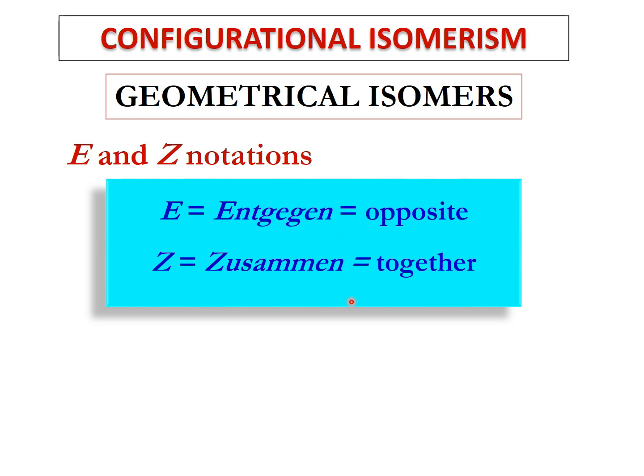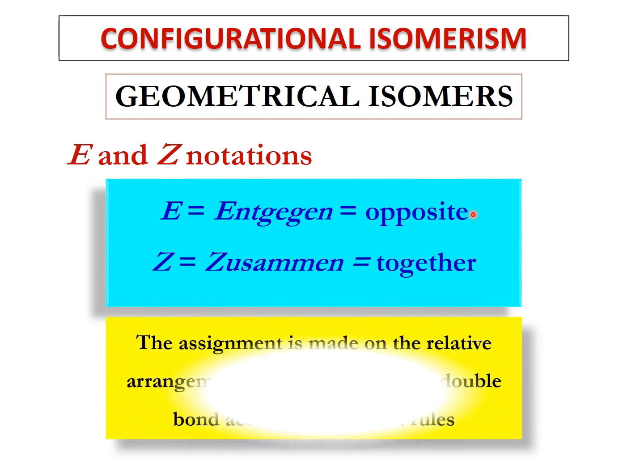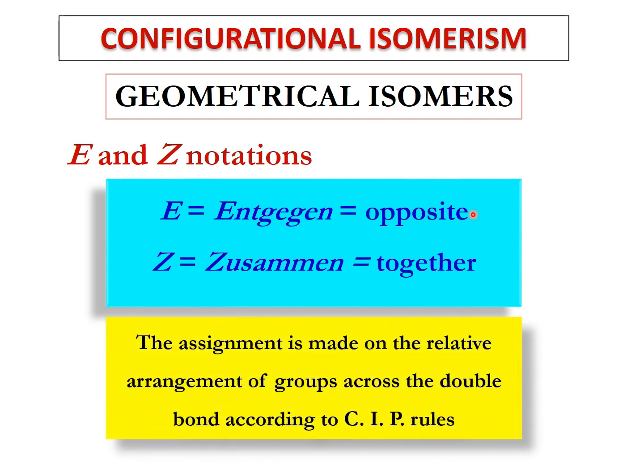So both are German words which mean opposite and together, and that would mean that in Z isomer the groups would be together or on the same side, and in E isomer they would be on opposite sides. Now which groups are we going to see and decide whether they are on the same side or on opposite sides?